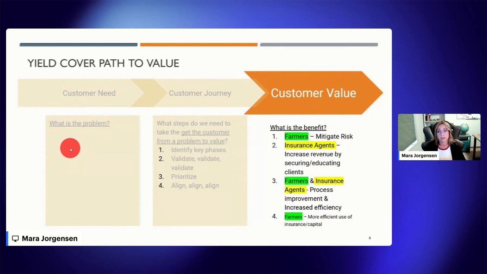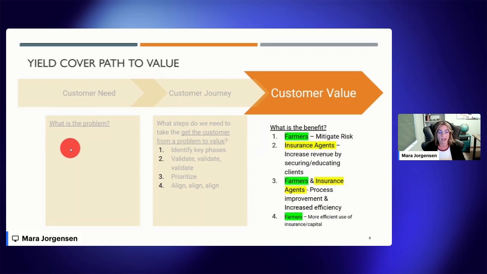So here is a little bit about our path to value and what we want to get to for the customer value. So what do we want the benefit to be for Yield Cover to our customers? We want the farmers to be able to mitigate risk. We want the insurance agents to be able to increase revenue by securing and educating their clients. We want both farmers and insurance agents to engage in process improvement and increased efficiency, which will, of course, roll up to the above.